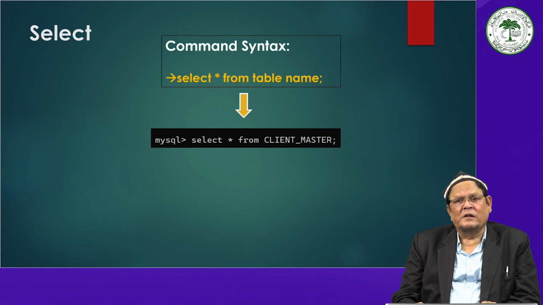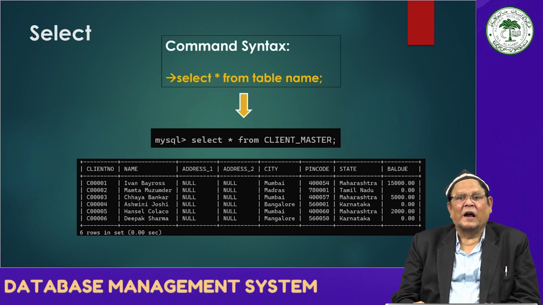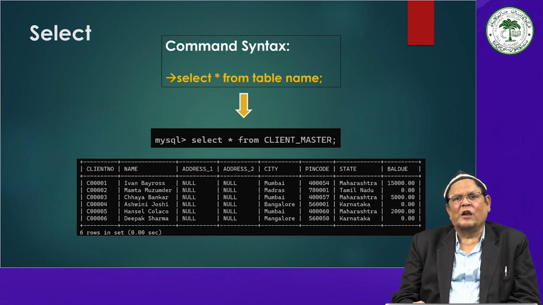Then when you press return, it will show like that. You can see on the screen client number, name, address 1, address 2, city, pin code, state, and balance. Here the client number will show C001, Ivan Bros, and address 1 will show null because I have not given the value of address 1 and address 2.